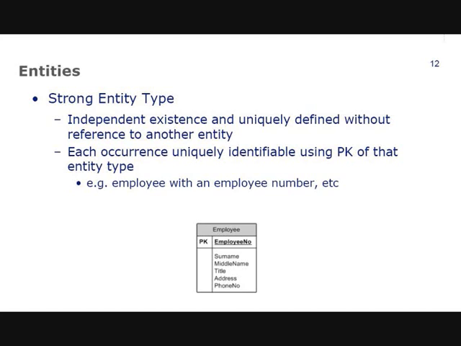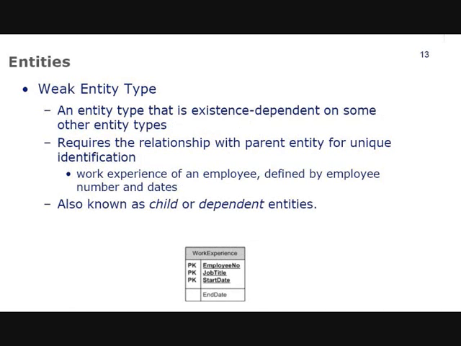If, on the other hand, I want to look at a weak entity, these exist with reference to another object. So if, for example, I talk about something like the work experience of an employee, that only exists in the context of an employee. So that is what we call a weak entity. If I talk about the dependents of a student or a member of staff, they exist in relation to the other entity.